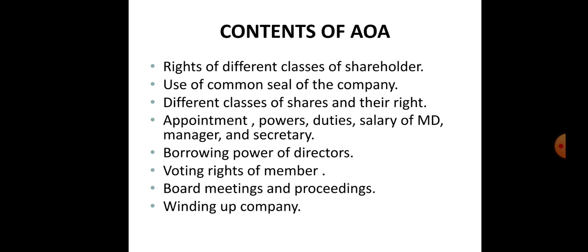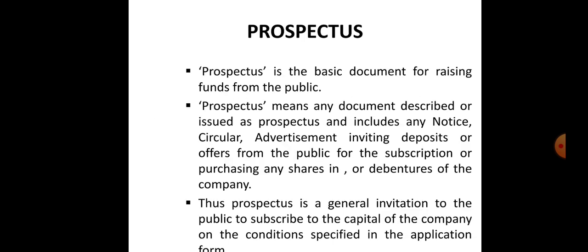We will also discuss the borrowing power of directors, the voting rights of members, who can vote for various purposes, and the board meetings, board members, the proceedings, and lastly, the winding up of the company. So that is what we come across under AOA.